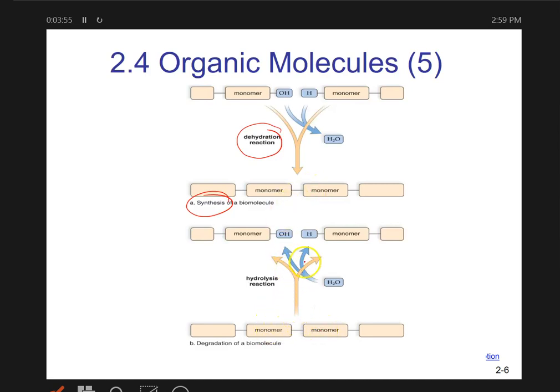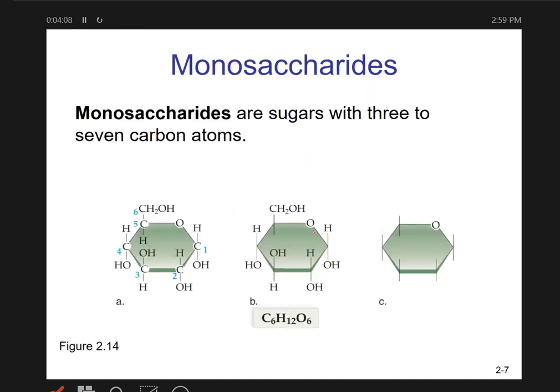For a polymer to break down, you go through hydrolysis. Add water, so one will accept hydrogen, one will accept OH, and you will have two monomers, all right?